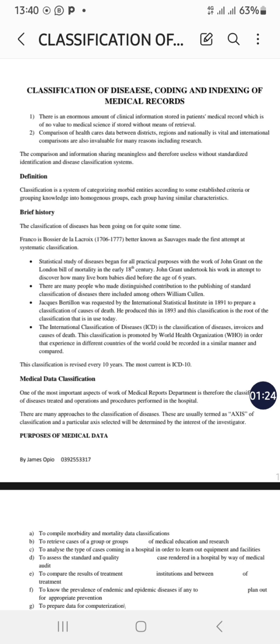Now, the only solution for this problem is to have a structured system. A structured system means a system that allows easy identification and retrieval of any information that is necessary at any time.